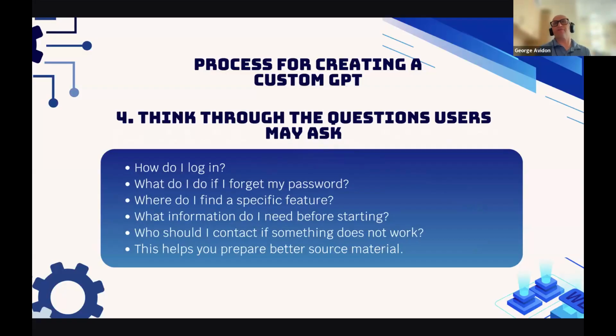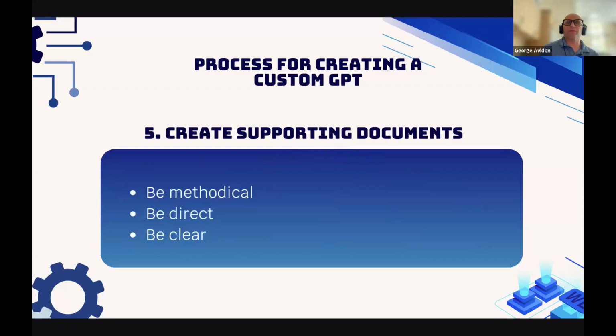You know your staff, you know your colleagues, maybe it's board members. You want to go through those questions and see what would be frequently asked. You want to create supporting documents. Be methodical, be direct, be clear. You want to create as much documentation as you can to provide to the custom GPT, keeping in mind nothing private.